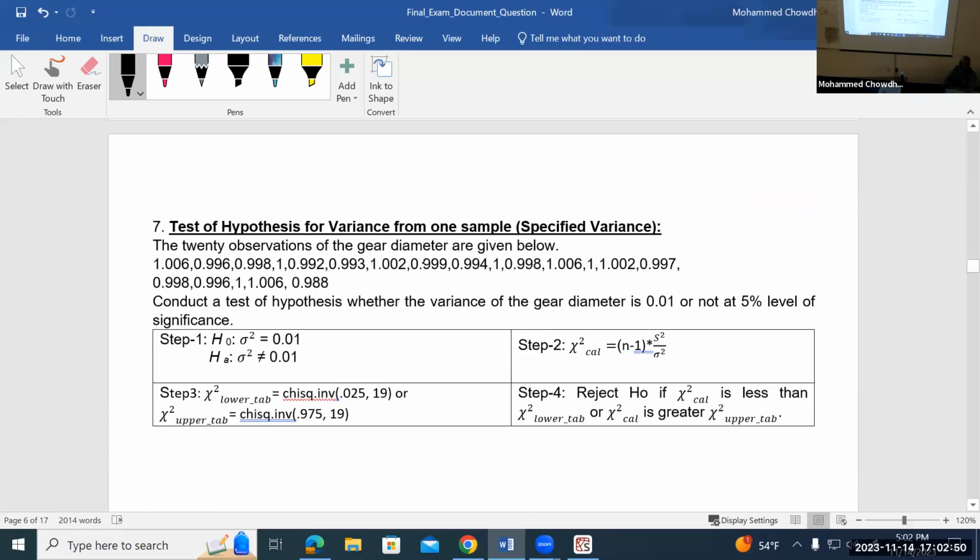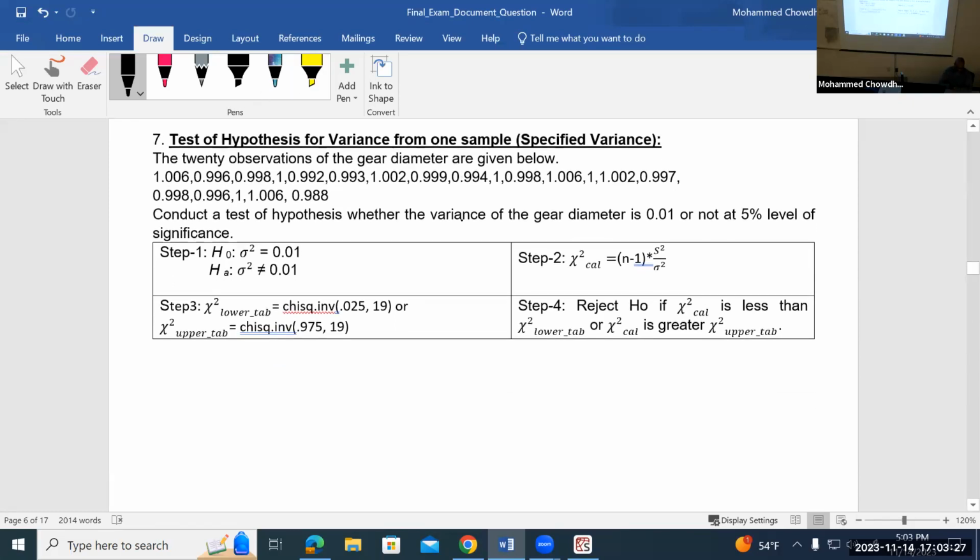Let me solve. Now, the problems that we solved are about mean and proportion. Now we want to do the test of hypothesis for the variance. Twenty observations of the gear diameter are given below. Conduct a test of hypothesis whether the variance of the gear diameter is 0.01 or not at 5% level of significance.